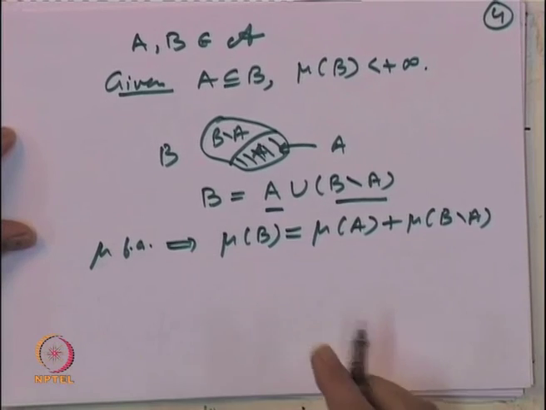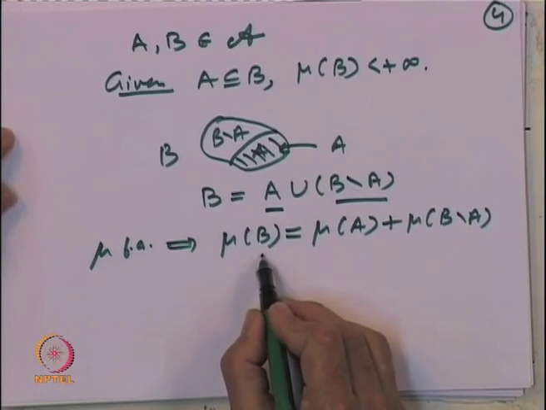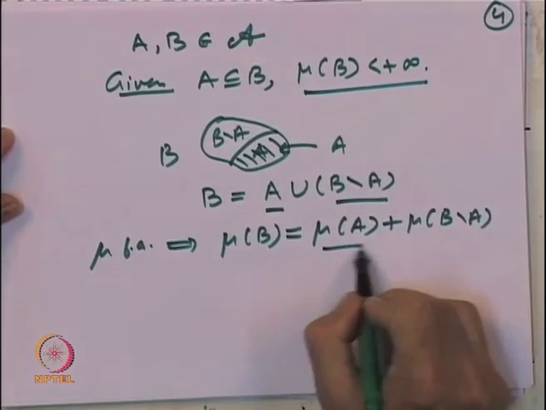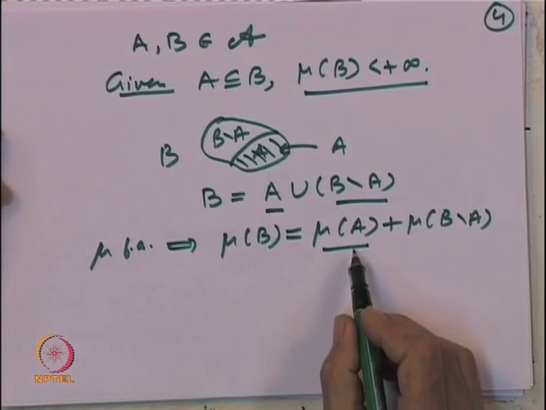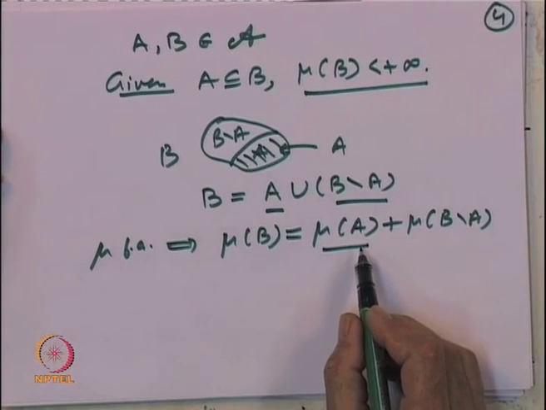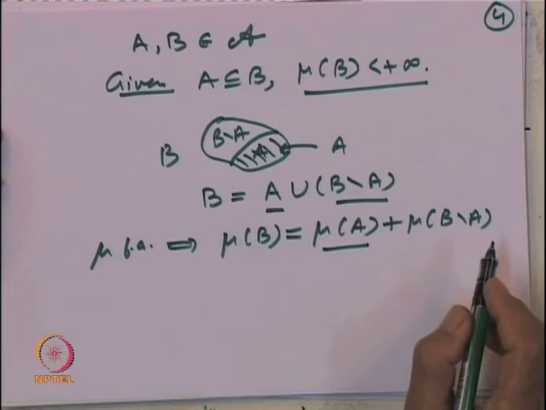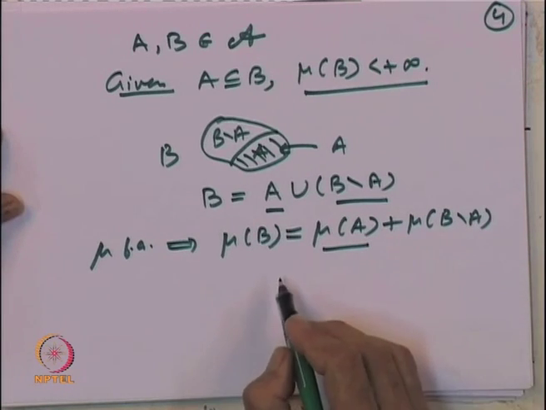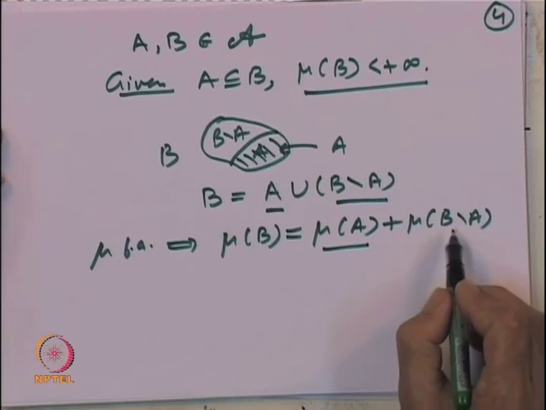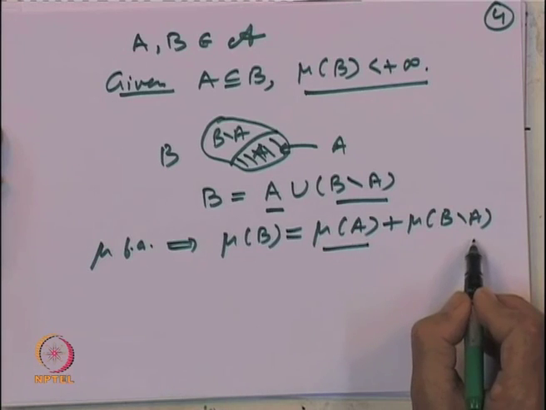Now, let us note that these are all real numbers. Mu of B is a real number because it is finite. Mu of A is a real number because A is a subset of B, and mu of A will be less than or equal to mu of B, that is finite. This is an equation in real numbers anyway. Note that all are non-negative quantities.